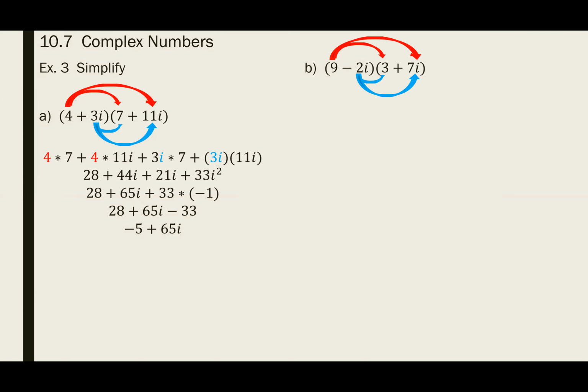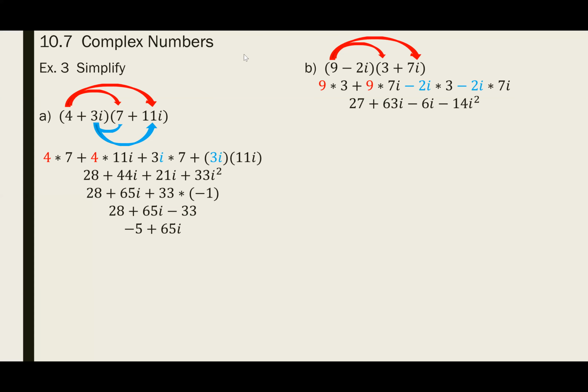Then -2i times 3 gives you -6i, and -2i times 7i, a negative times a positive, gives you -14 i squared. So this is what I should have: 27 plus 63i minus 6i minus 14i squared.